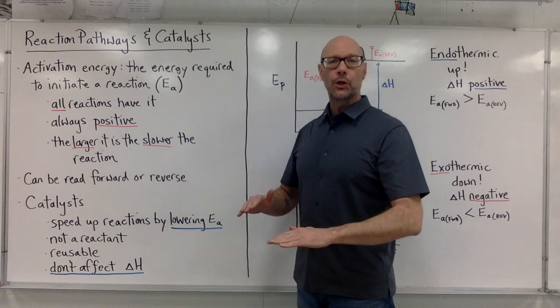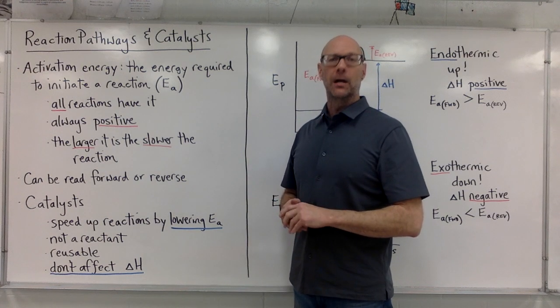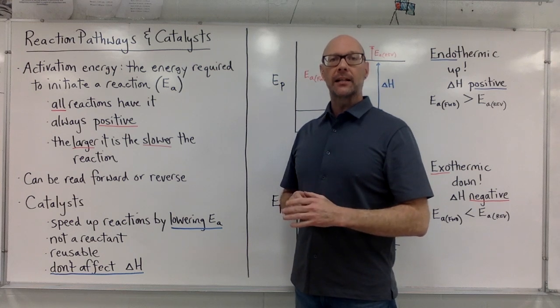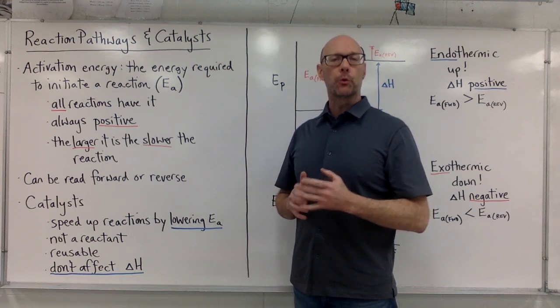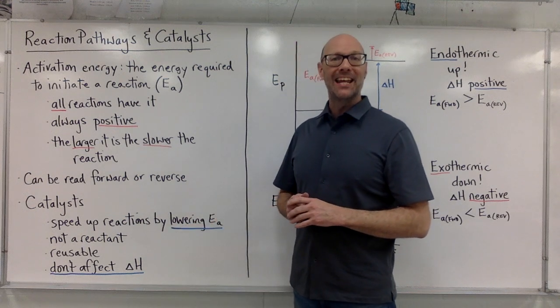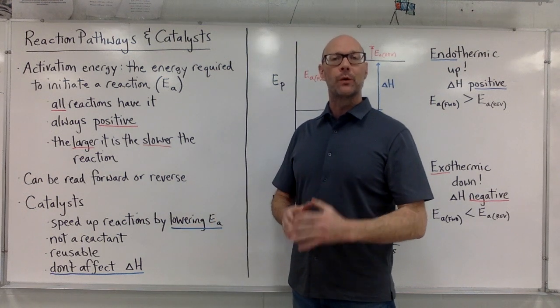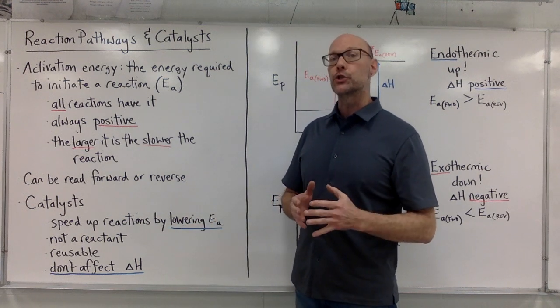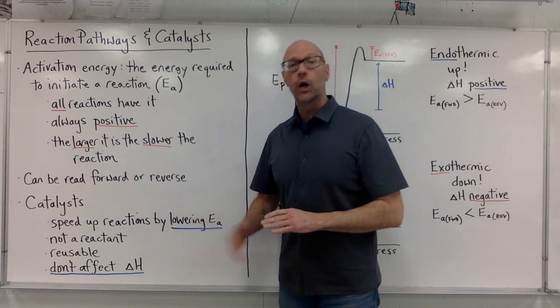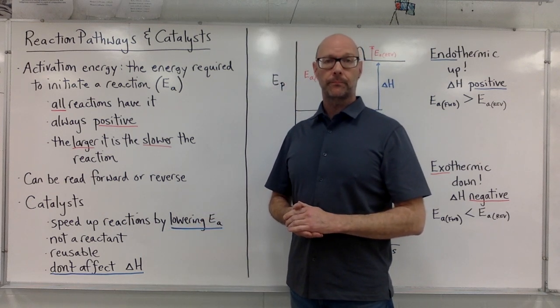So if we can decrease the activation energy, it will accelerate the reaction. Even though catalysts are going to be present where the reaction is taking place, they're not actually going to take part in the reaction. They are not a reactant themselves. They are not consumed by the reaction. And as a result, they are reusable.